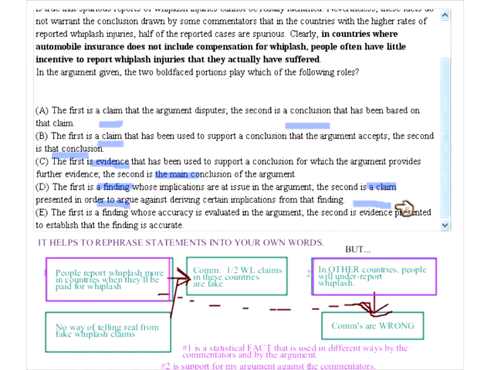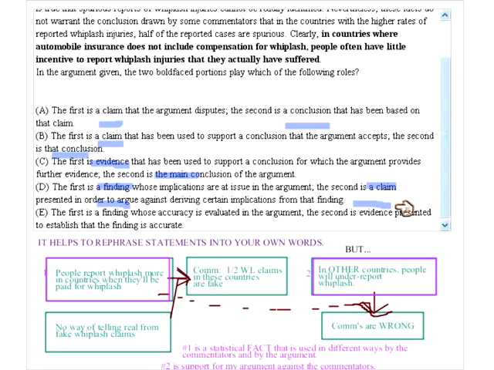Can somebody tell me something about evidence? Like, what is the only kind of thing that can be evidence? I know that's kind of a vague question, but we'll see if anybody sees where we're going with this. Facts. There you go. Someone put data and stats.